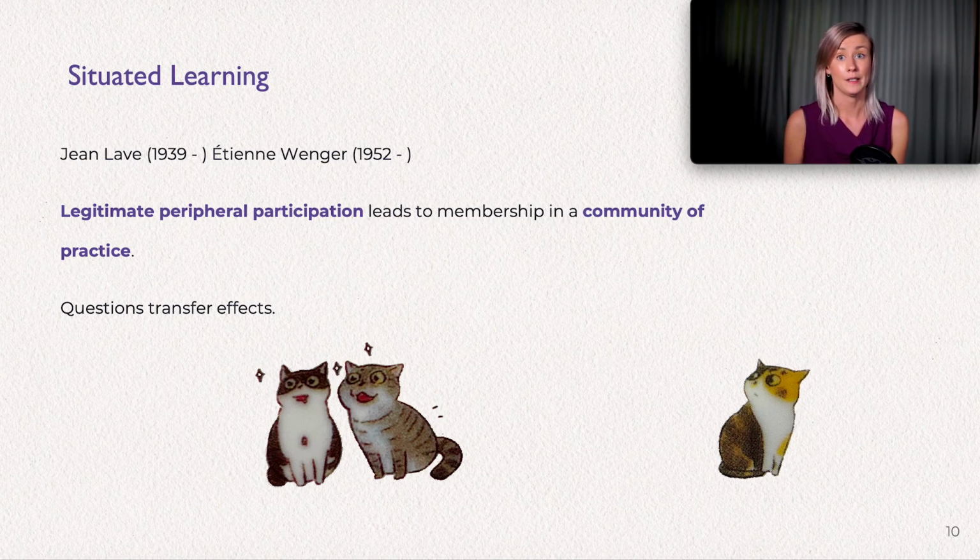And just to be clear, this doesn't mean that this perspective believes that nothing can transfer, but that transfer effects are seen as very weak, and that we therefore should learn what we need in the context where it is to be used. So this is actually very much an opposing view to constructionism.